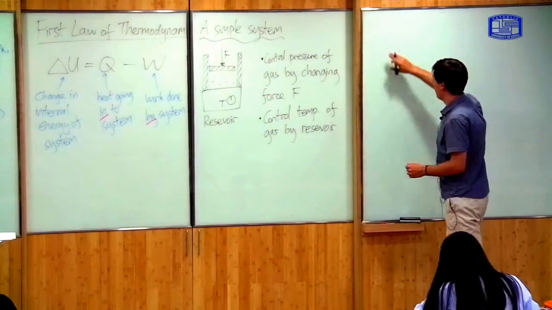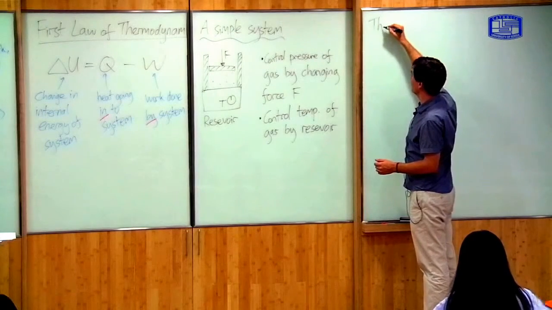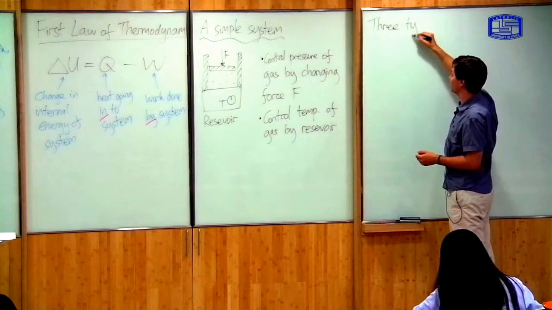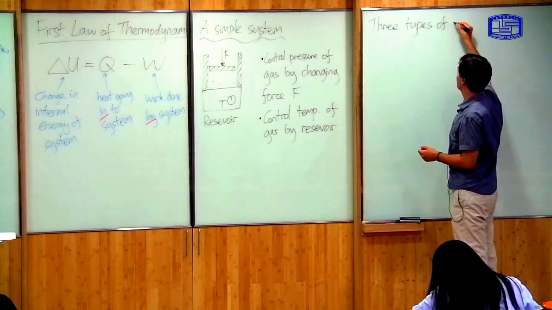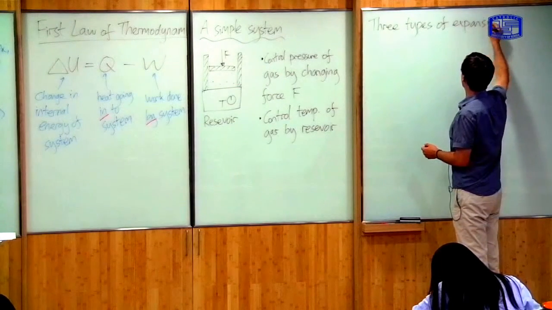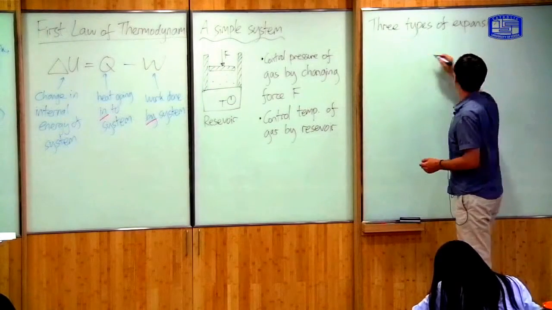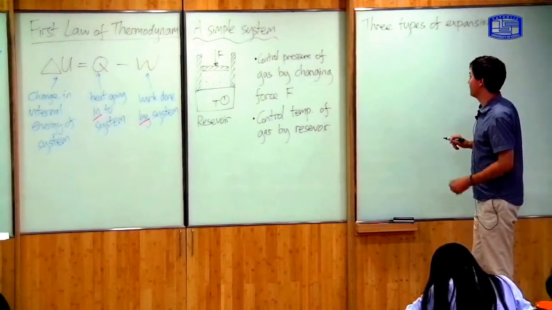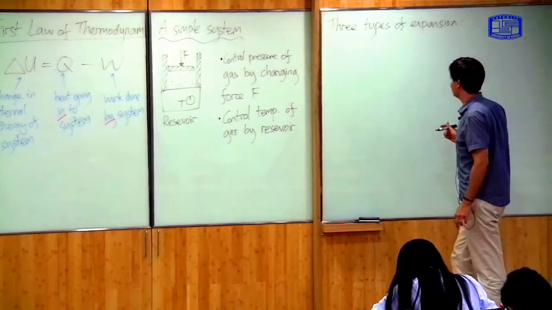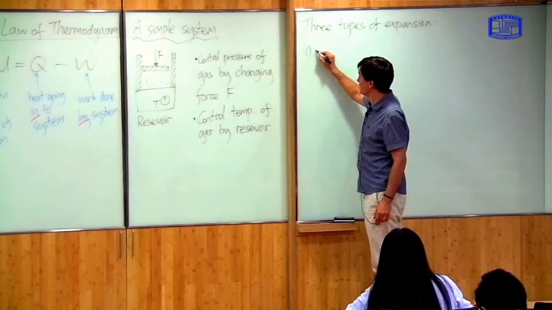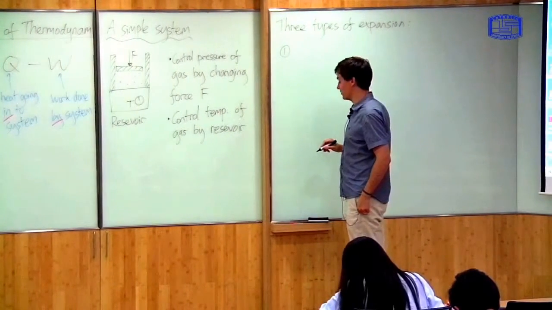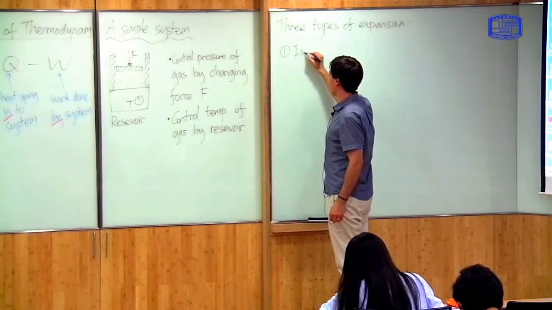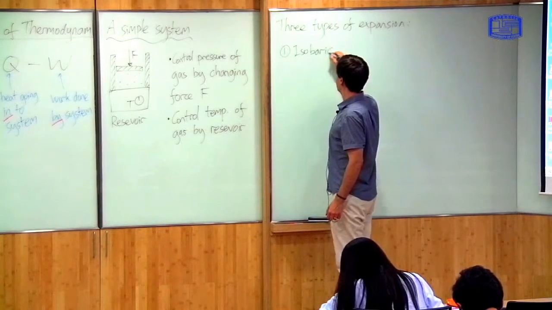And I want to talk about the three different ways in which we can let the gas expand. So, three types of expansion, which again are going to be important when we talk about the theory of heat cycles. The first type of expansion I want to talk about is the simplest and is called isobaric expansion.